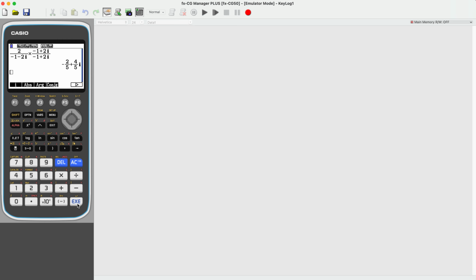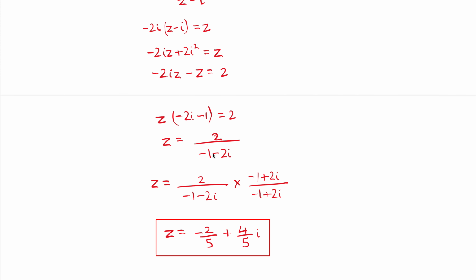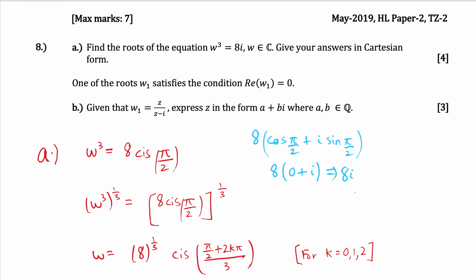And if we execute, this gives us our answer -2 upon 5 plus 4 upon 5 i. So we find that z is equal to -2 upon 5 plus 4 upon 5 i, and this is the answer to question number 8.